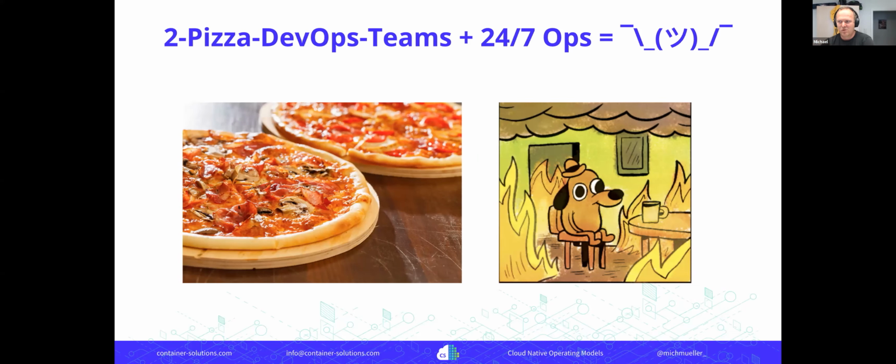That's why it's usually narrow focused. Jeff Bezos, I think, coined the two-pizza team. That basically means you should feed your team with two standard pizzas, not cheating with two big American family pizzas. And they should do 24/7 ops.